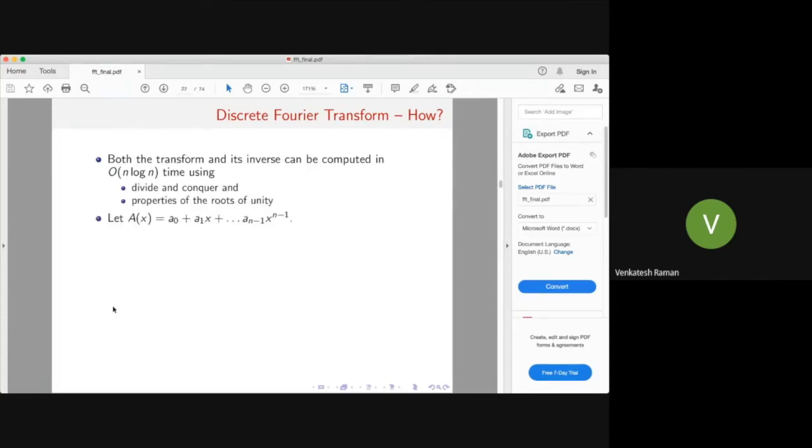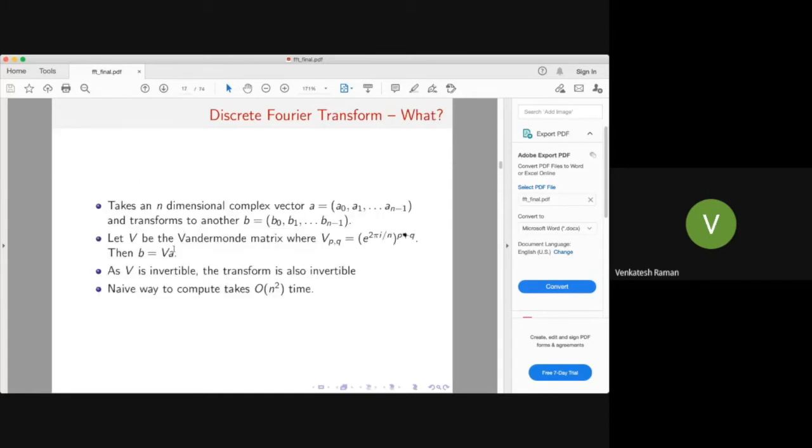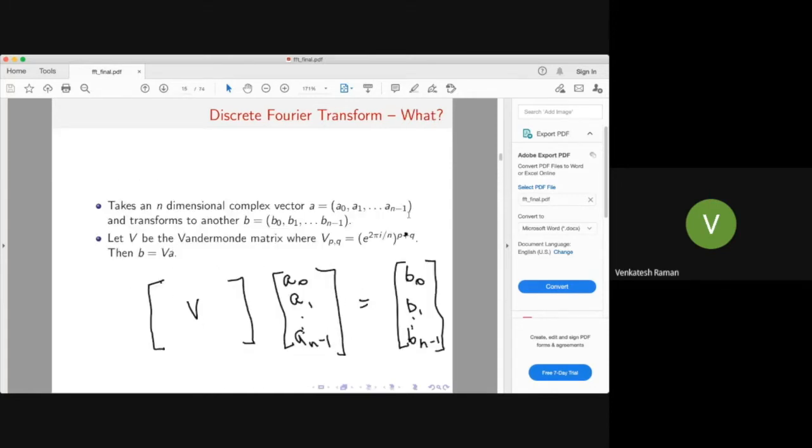One way to think of this transform is to look at this univariate polynomial of degree n. Remember a0 to an minus 1 is the vector which we are trying to transform. Then the transform is essentially evaluation of this polynomial on all the nth roots of unity. Because if you think of this matrix, what is b0?